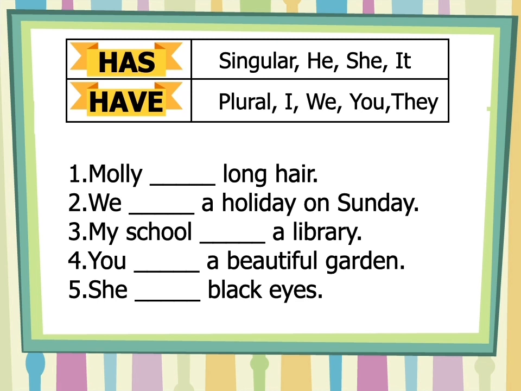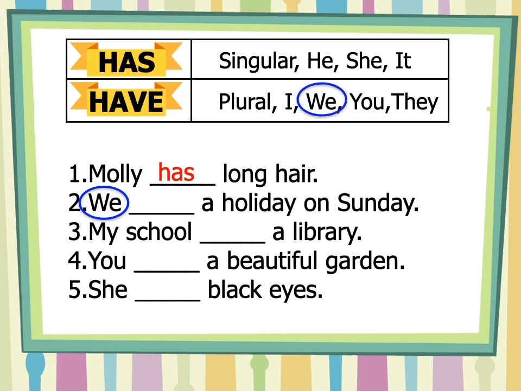So let us see the first one. Molly dash long hair. Here Molly is a singular noun, and with singular noun we use has. Molly has long hair. Next is, we dash a holiday on Sunday. In this sentence we can see the word, we.